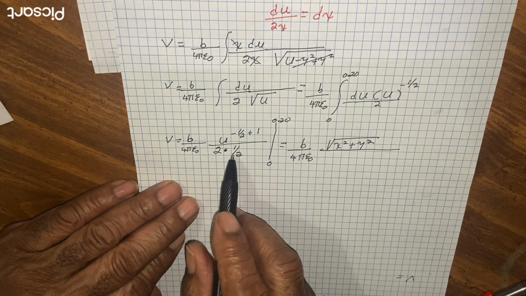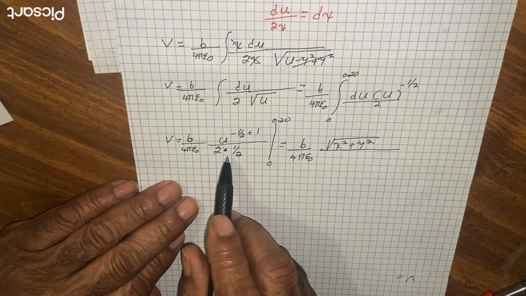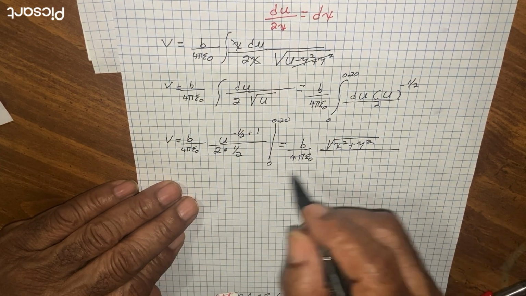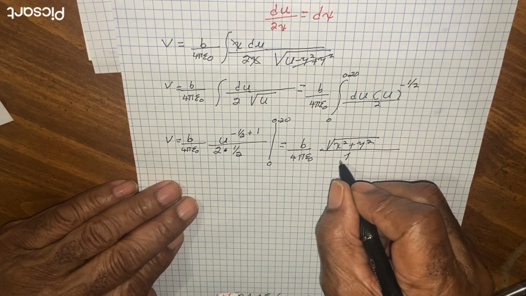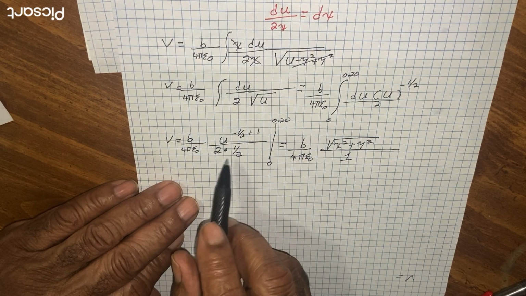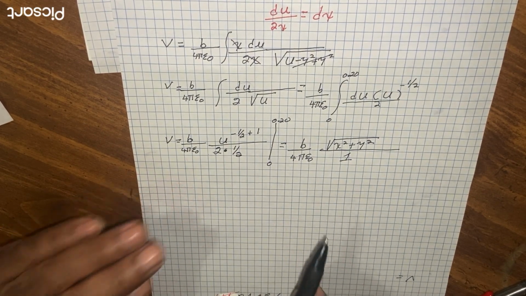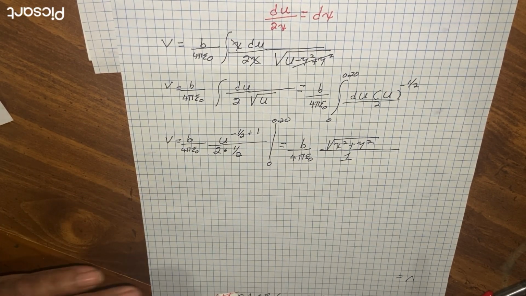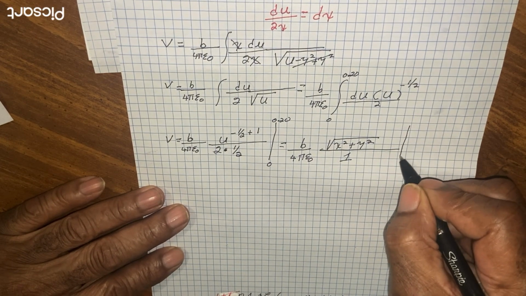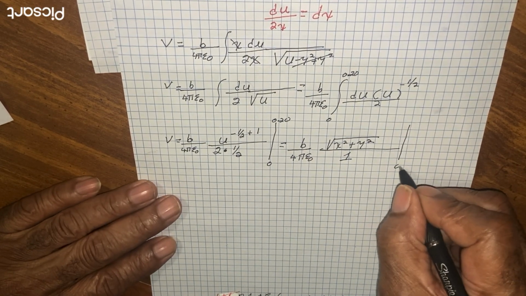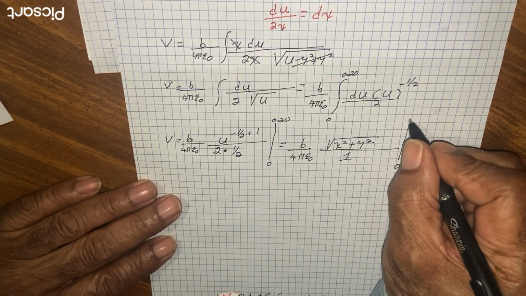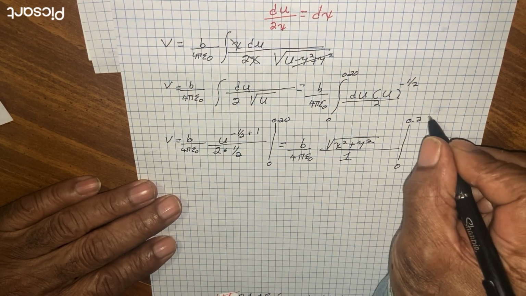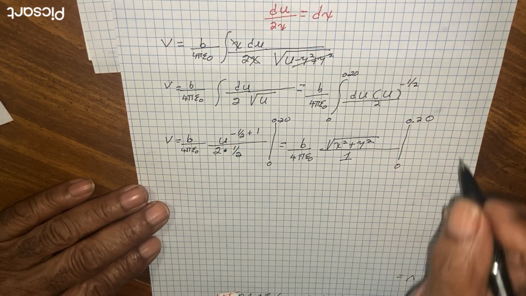And these 2's cancel out. I didn't need to put it up there. 2 times 1/2 is just 1. Evaluated from 0 to 0.20.